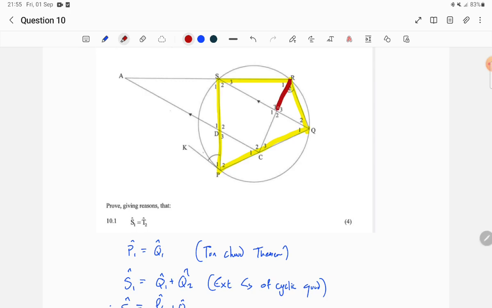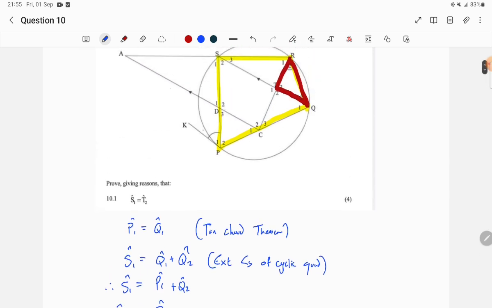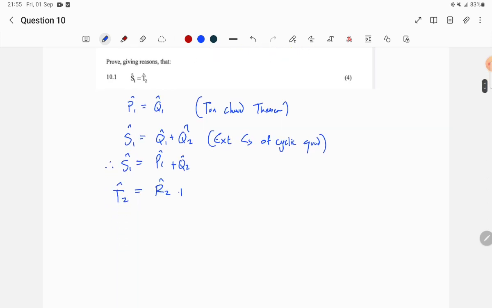So R2, there's our triangle there. So here we can say T2 is equal to R2 plus Q2, exterior angles of a triangle.